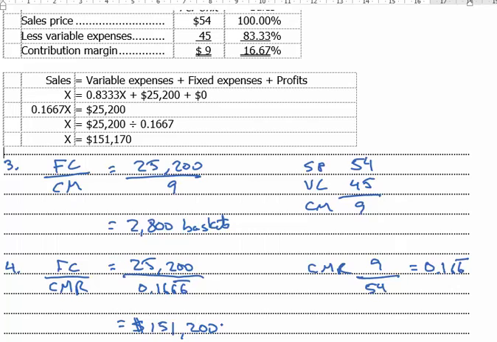So at sales of 151,200, we break even. And that should jive with, okay, well, they're rounding here, so that should actually be 200, and that's why. So anyway, close enough. And that concludes the exercise.